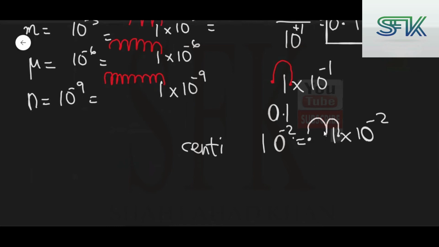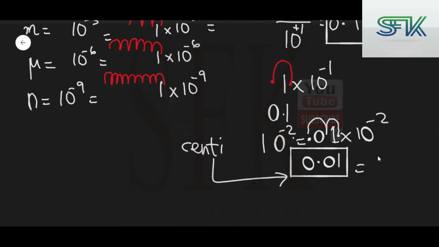The first semicircle, which has 1 beneath it, you're going to skip. The semicircle which already has a number, you skip. And the next semicircle, which does not have any number, you just add a 0 over here. So this becomes 0.01. So centi actually means 0.01, which is the same thing as 10 raised to the power of minus 2.